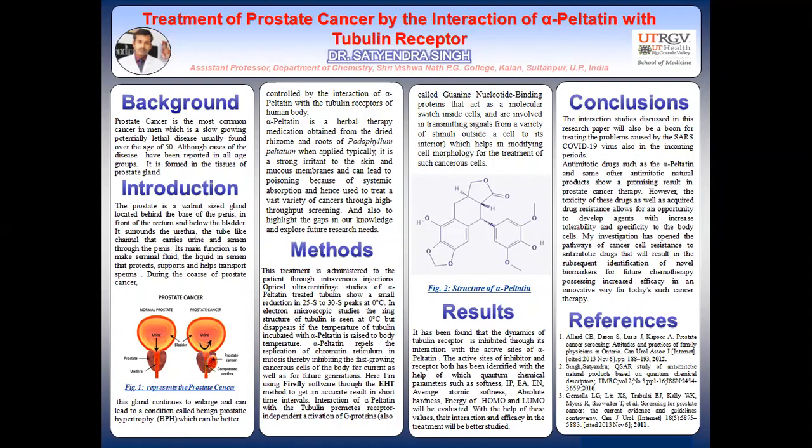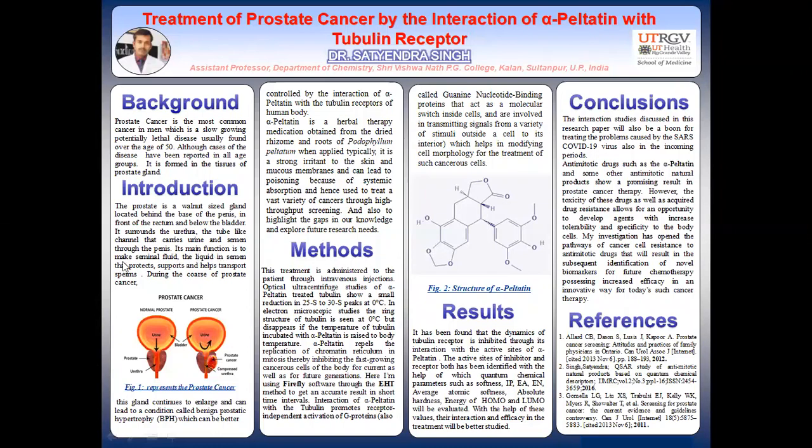The prostate gland is a walnut-sized gland located behind the base of the penis, in front of the rectum and below the bladder. It surrounds the urethra, the tube-like channel that carries the urine and semen through the penis.